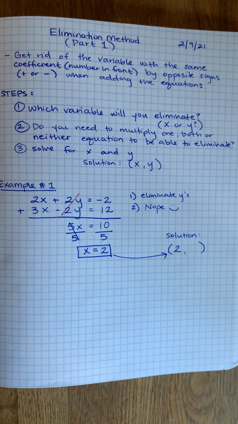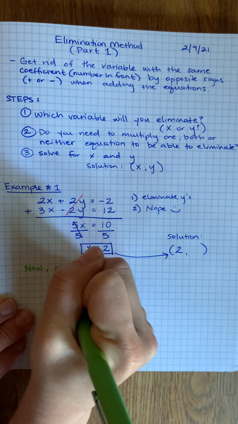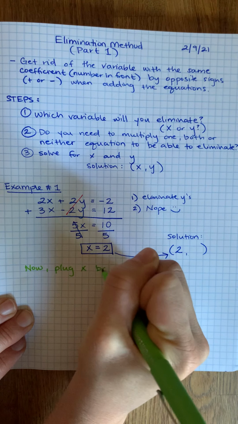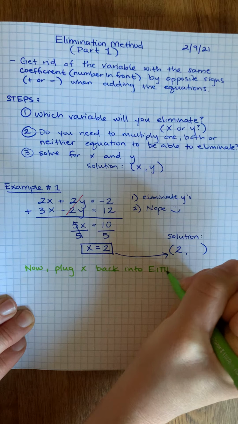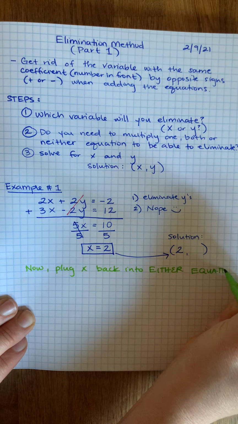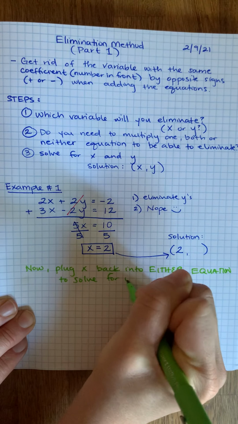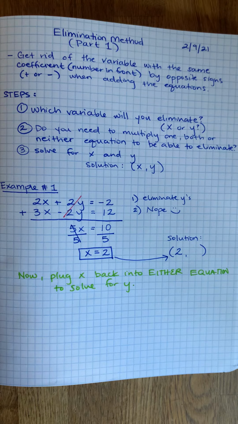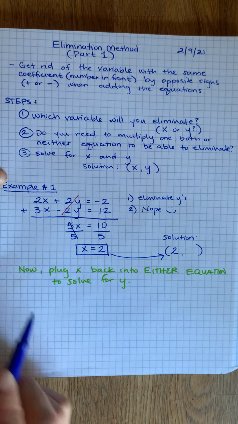To solve for y, we want to plug it back into either equation. You know me, I like dealing with the equation that has less negatives, so I'm going to do the first equation.